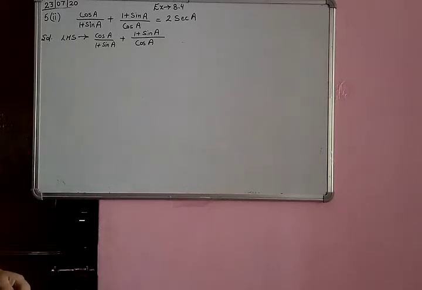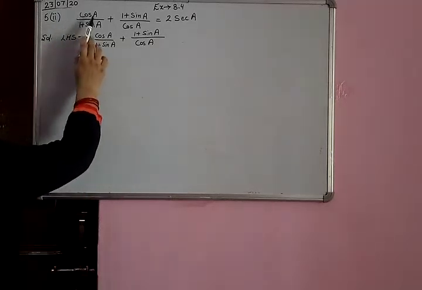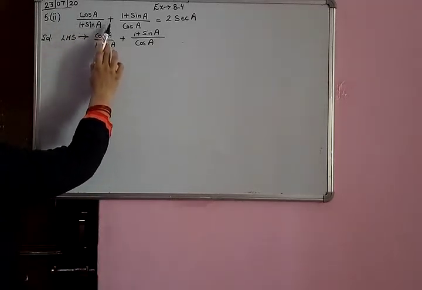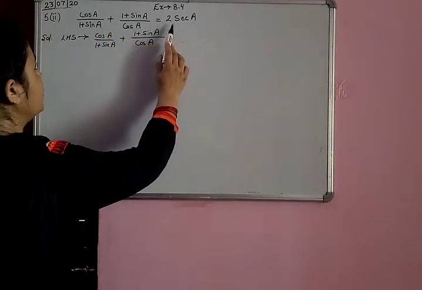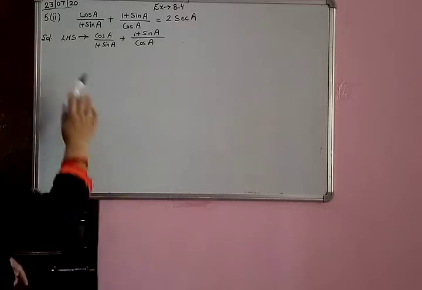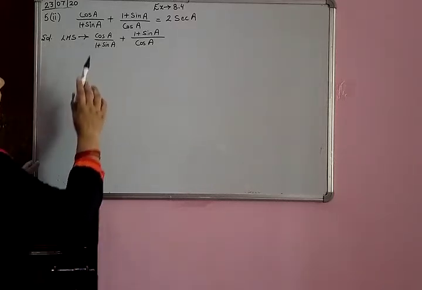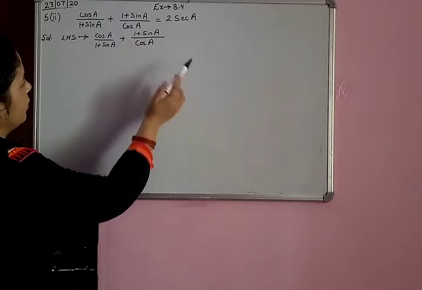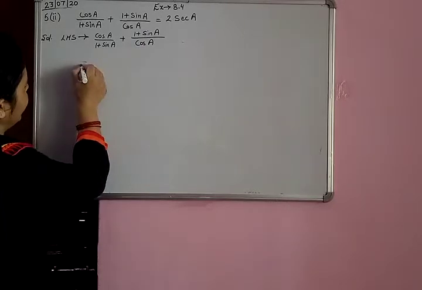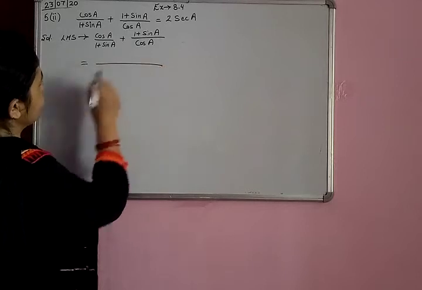Now second part. Second part, you have to prove that cos A upon (1 plus sin A) plus (1 plus sin A) upon cos A is equal to 2 sec A. Okay, so take left hand side: cos A upon (1 plus sin A) plus (1 plus sin A) upon cos A. So what I can do here, I can take LCM.